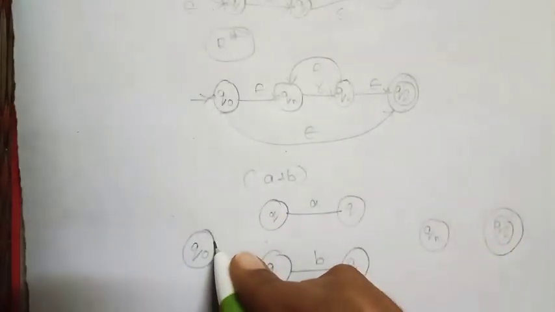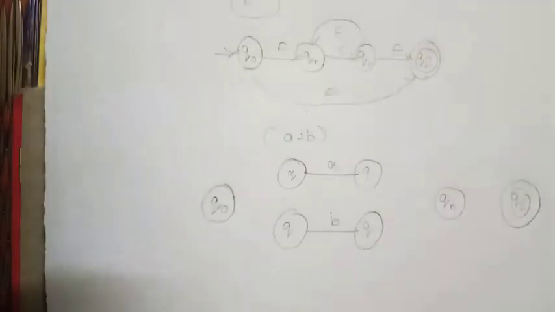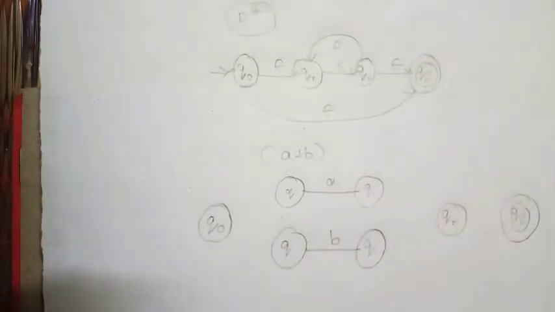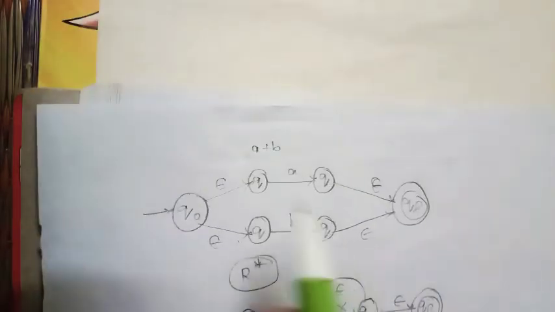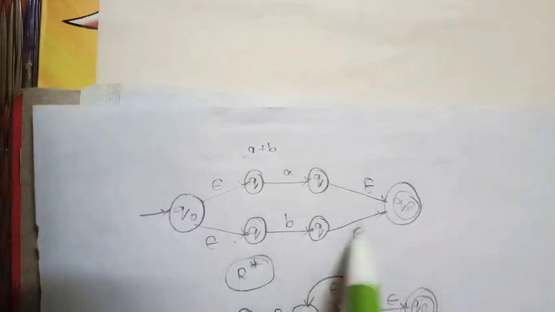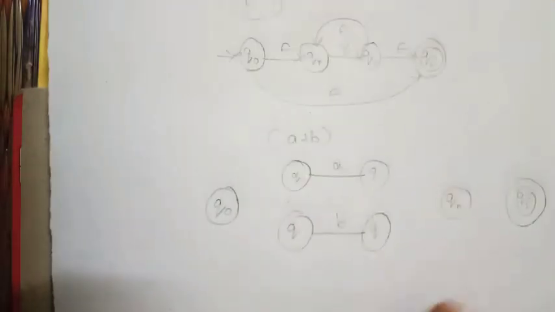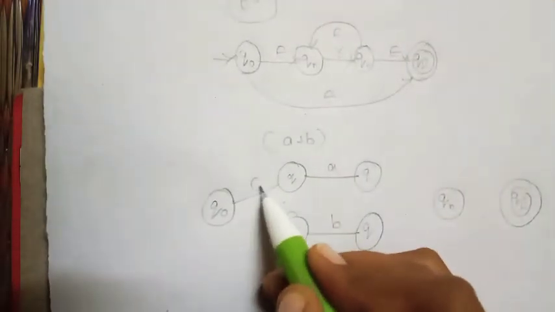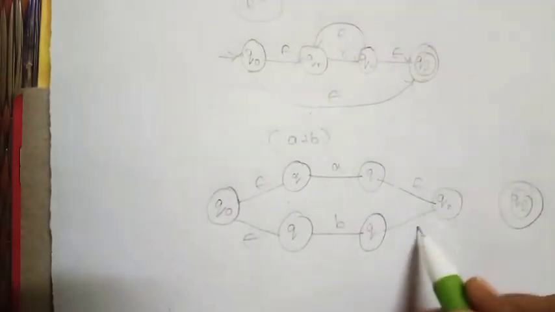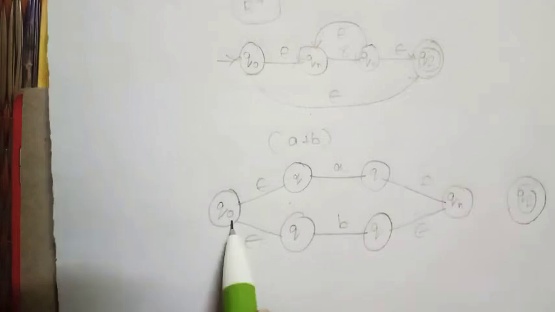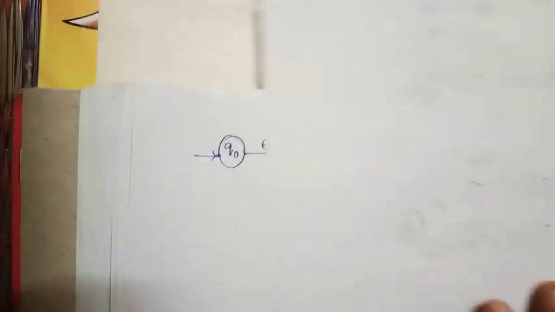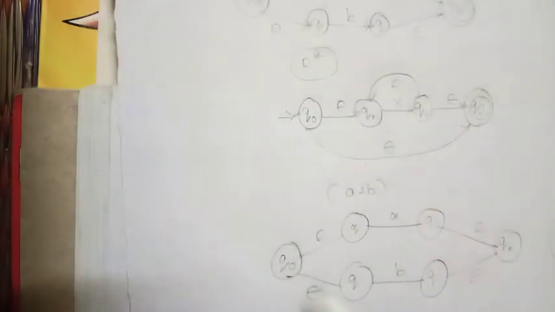So from here to here, just to represent how we will represent it for A plus B, in the first step, from initial state to final state we are just adding the epsilons. Let us take like that only, just add the epsilons, and this is the state, that means the new state. See guys, here we cannot take it as the initial state because already before here we have the initial state.